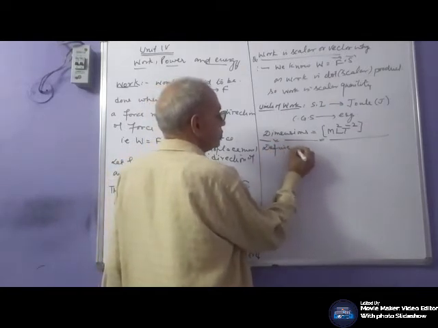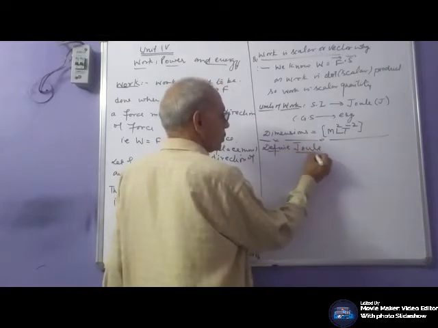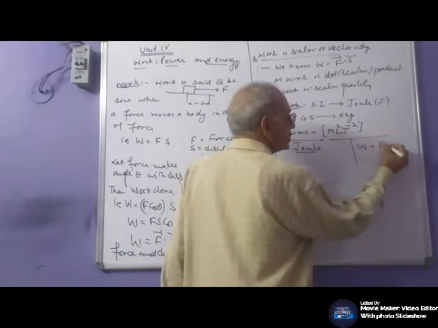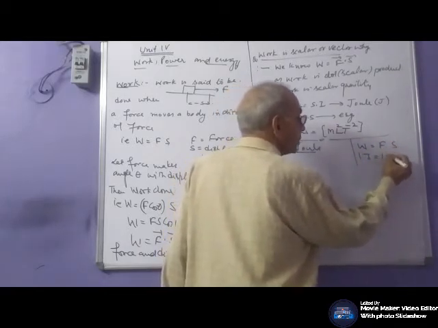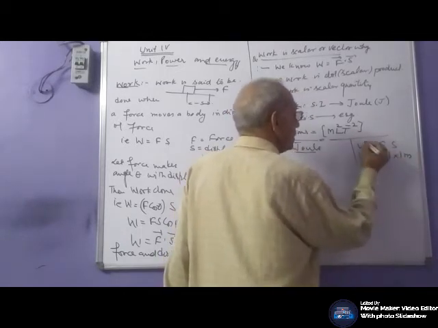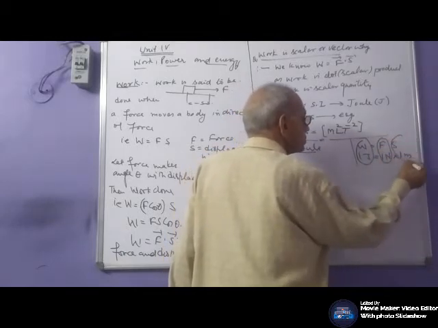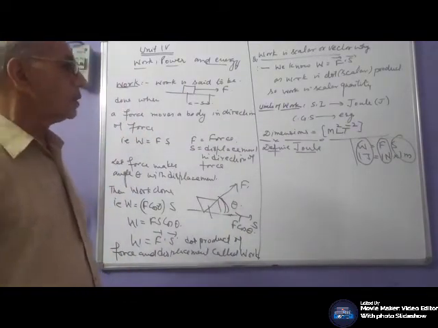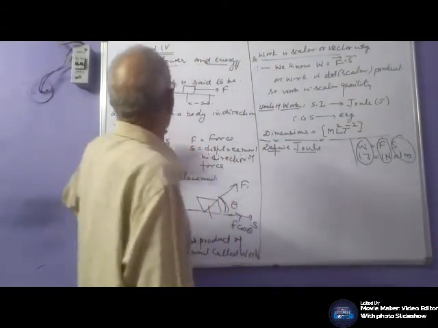Define joule. Rough work, W = Fs, 1 joule. Force, SI unit, 1 Newton. Displacement, 1 meter. Connect them. This is the definition of 1 joule. Again work.